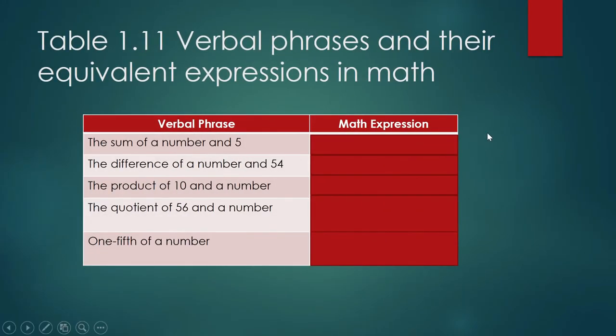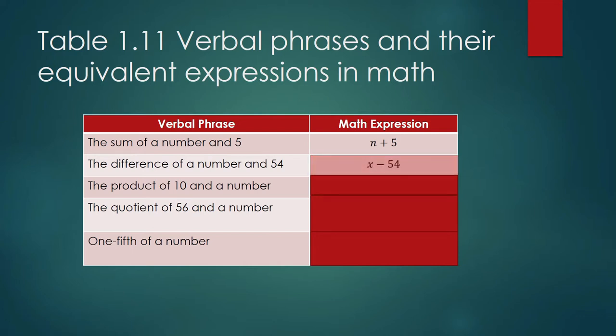Table 1.11, verbal phrases and their equivalent expressions in math. Let's say, for example, the sum of a number and 5. How do you write that as a math expression? n plus 5. The difference of a number and 54. You can use letters to take the place of the unknown number here.